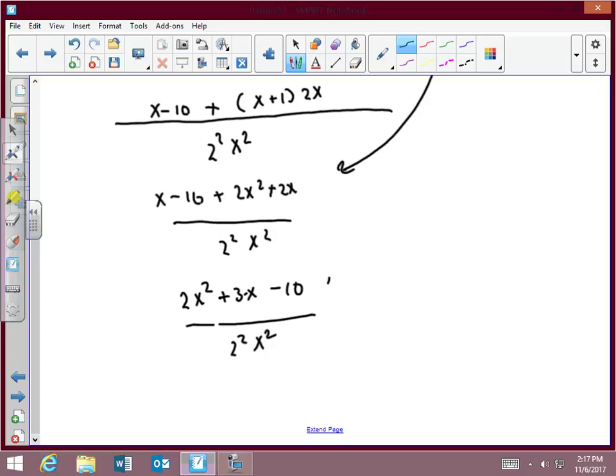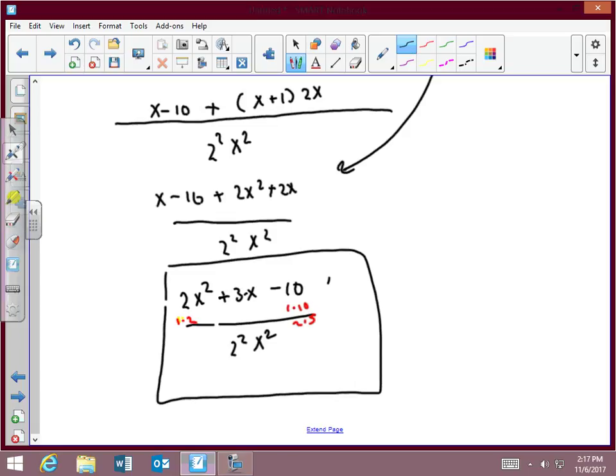I don't think there is anything. This is 1 and 1 and 2, this is 1 and 10 and 2 and 5. And I don't think there's any combination that's going to give you a difference of 3. So this right here is your answer. You can't reduce it down any further. That's the point.